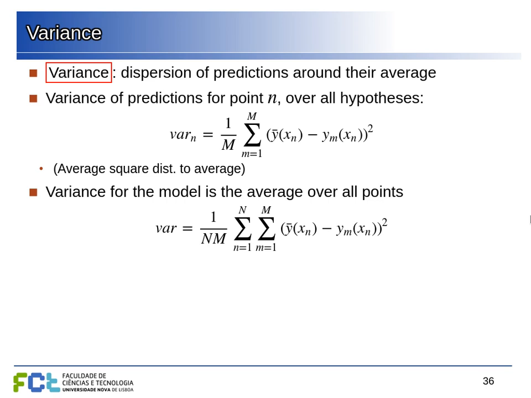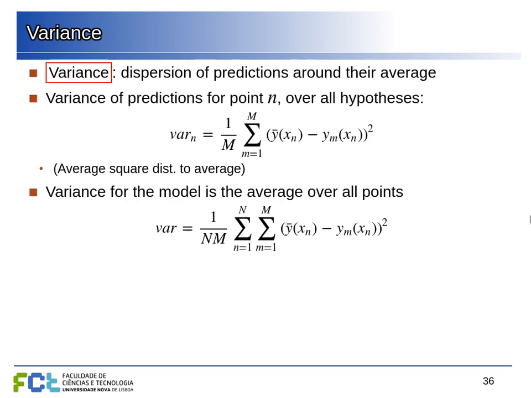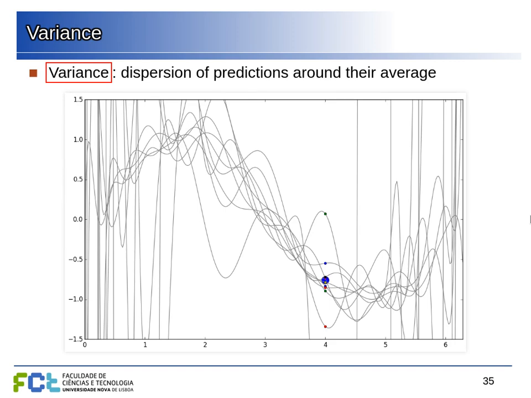So this is the square distance between the two, and we're going to average this for the number of hypotheses that we found, and this will be the variance for a point. So in this case, the variance for this point will be the average of the distances between each prediction and the average of the predictions in all these hypotheses. Now we average that for all the points that we are considering, and we get an estimate of the variance for the model.